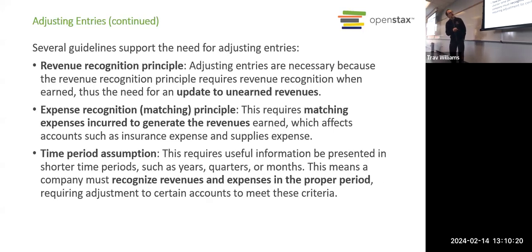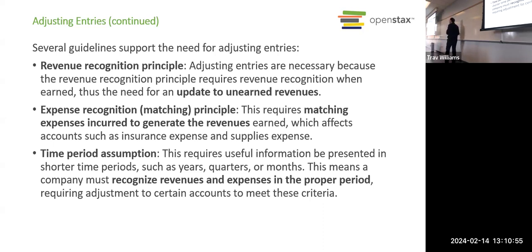All right, and then just as a reminder, the revenue recognition principle is what says that you count revenue at the time it was earned, not when the customer paid. And the expense recognition principle says that any expenses related to producing your product get counted as an expense when you sell the product, because you have to be able to match the revenue from the sale with the expense of the product.